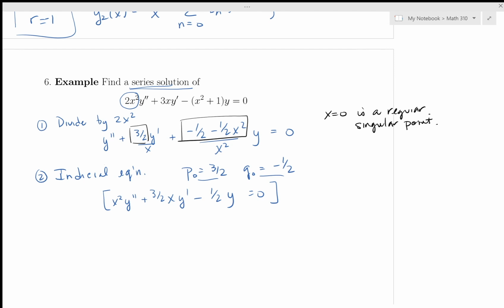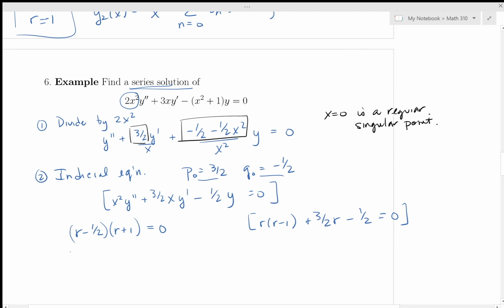Just as before, we have this equation: r minus 1/2 times r plus 1 is equal to 0. That's coming from r times r minus 1 plus 3/2 r minus 1/2 equals 0.